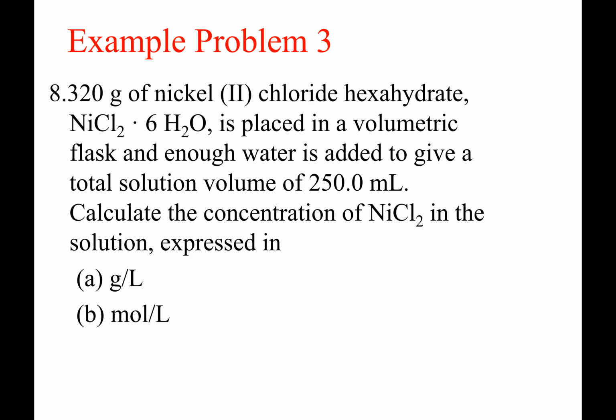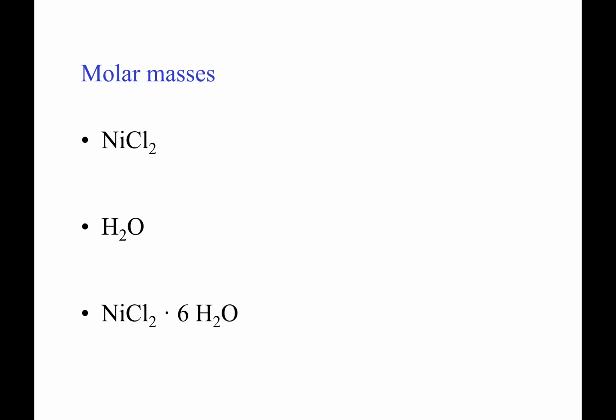All right, and there's a couple ways to work this. In chemistry, how concentrated a solution is is one of those calculations that people have different visions of how to work, and that's fine. I'll catch you on the other side if you do. So the way I'm going to work it, especially for the second part, the B, the molarity, the moles of the nickel 2 chloride, I'm going to need some molar masses.